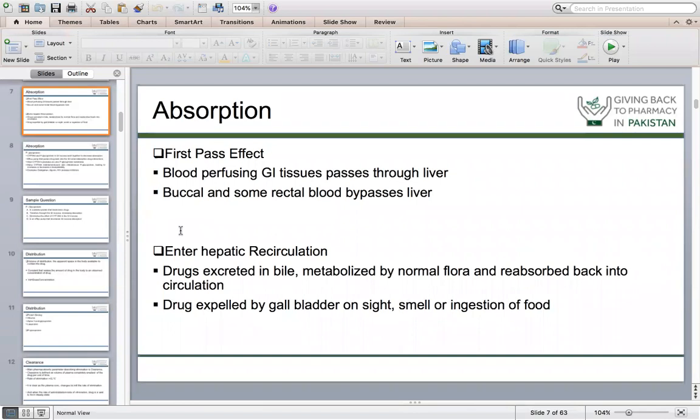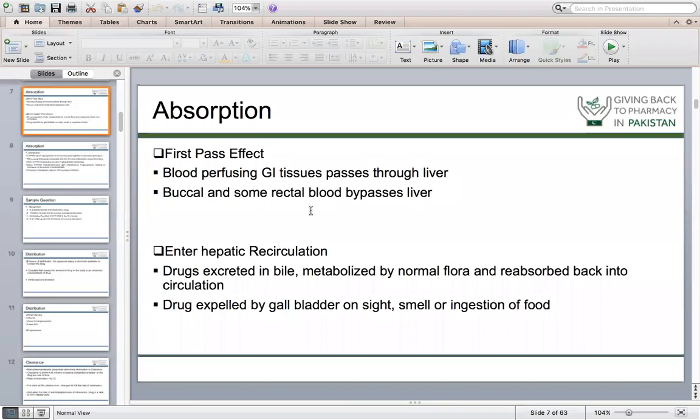It passes from GI tissues to the liver, and after it undergoes some metabolism, only after the liver does it move to systemic circulation, right? So there are certain routes like buccal and rectal route which bypass the liver, and if we want to avoid this first pass effect, we can give certain medications by buccal or rectal routes.